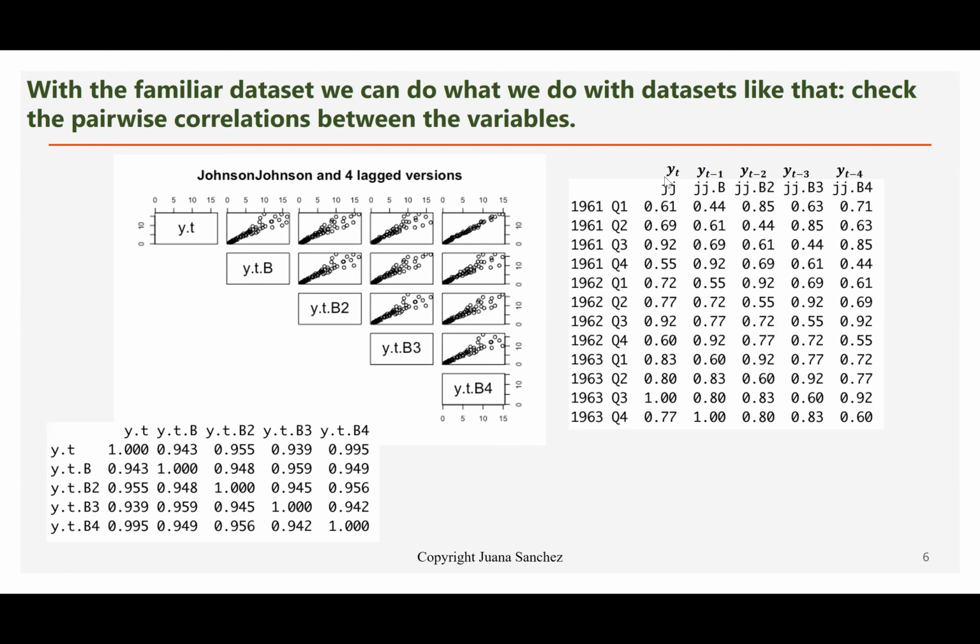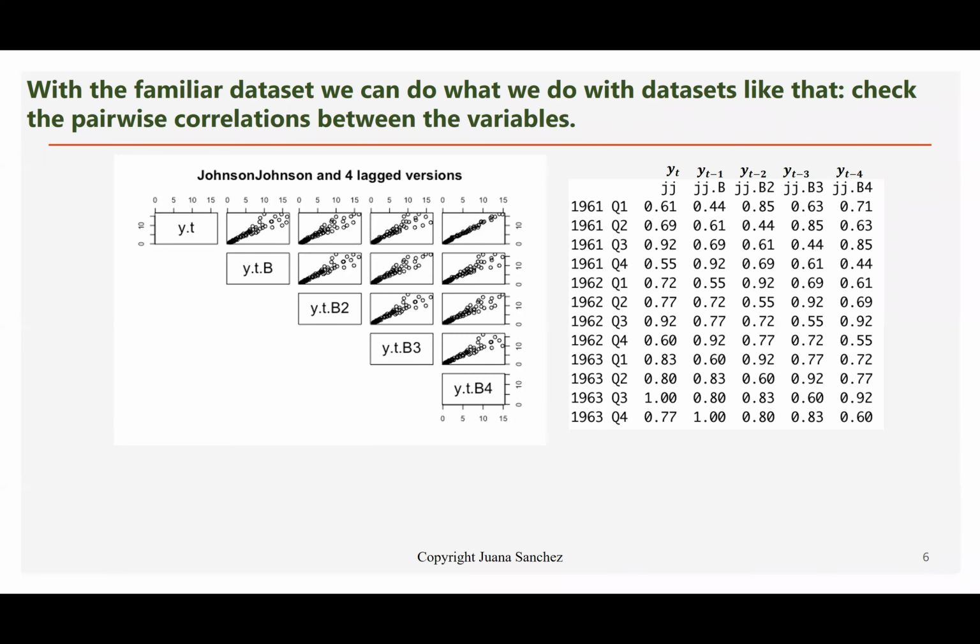The correlation between y t and y t minus 3 is 0.939. And the correlation between y t and the column y t minus 4 is 0.995. That is calculated using the coefficient that we showed in the previous slide.